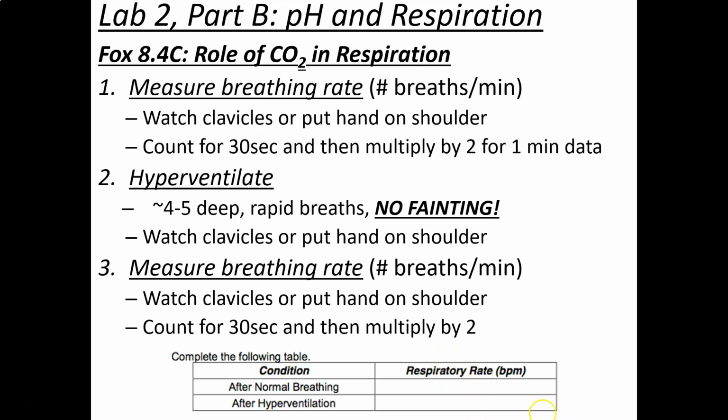So they might have 16 as a respiration rate and then 14 or 12 after. Some groups don't change, so they have 16 at the beginning and 16 after the hyperventilation. But most of the groups, more than 50% typically, and sometimes 5 out of 6 groups, increase their breathing rate. They might go 16 to 18 or 20 or even 22 breaths per minute.